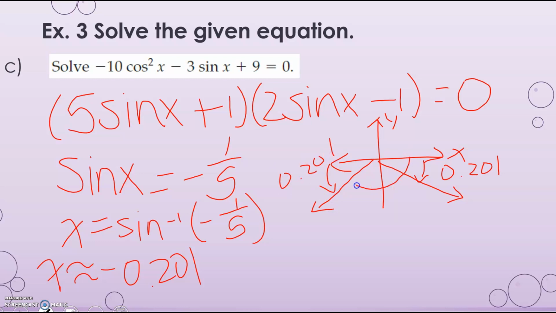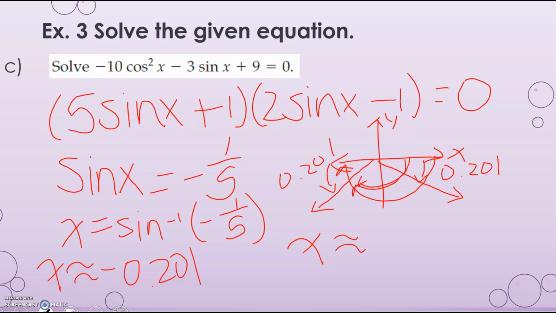So how do I find this particular angle then? Because I do need another angle to say there are two angles within the unit circle, or one period of sine, that give me a ratio of negative 1/5. We notice this whole thing here is pi, but this angle is just 0.201 short. So I'm going to get my answer by taking pi minus 0.201, but notice this is a negative angle.